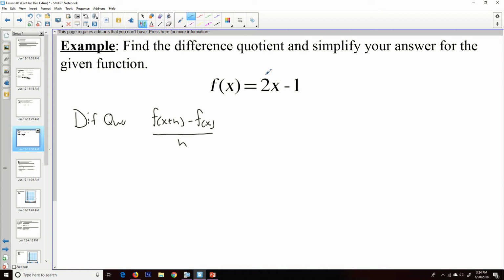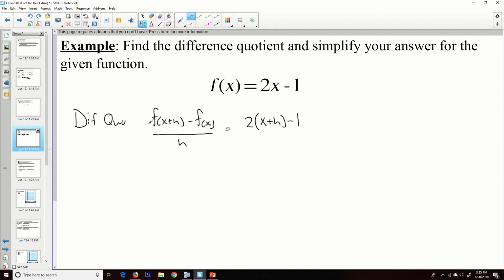So f is defined as 2 times something we don't know minus 1. So when I do that, it becomes 2, and we are replacing x with x plus h. So x plus h goes in for the x. We still need the minus 1.